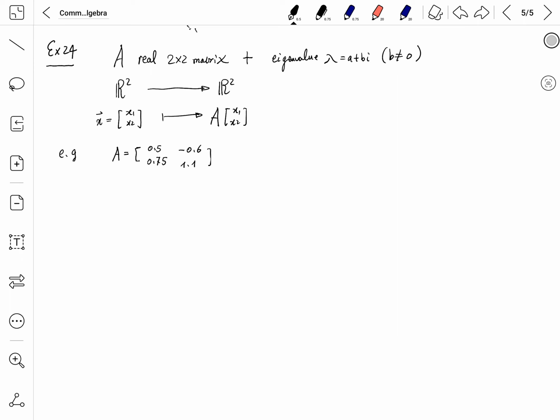If you compute the characteristic polynomial, you will get a complex eigenvalue, and its conjugate is again an eigenvalue, which means you have a complex eigenvector, and correspondingly its conjugate is the eigenvector for lambda bar.